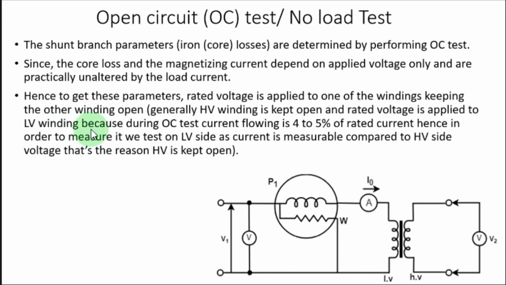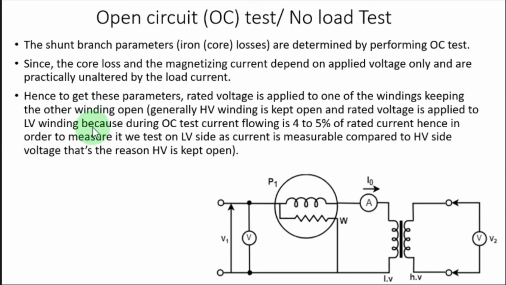So for example, if it is a 230 to 12 volt transformer, the 230 side is called the high voltage side, and the 12 volt side is called the low voltage side, right? So in the open circuit test, what we do, we open the 230 side and apply the rated voltage, that is 12 volts, to the low voltage winding, right?